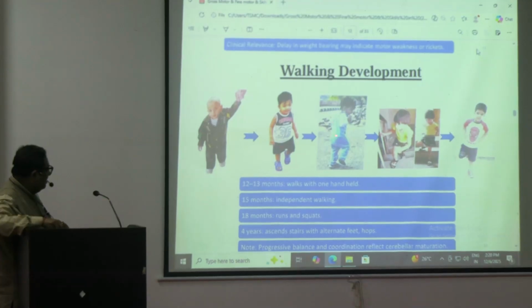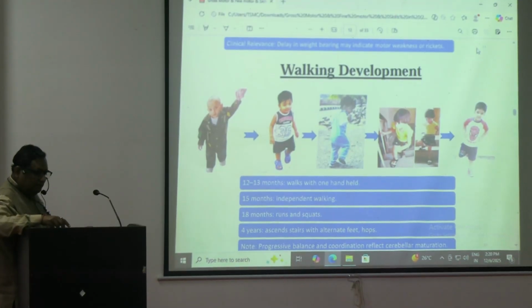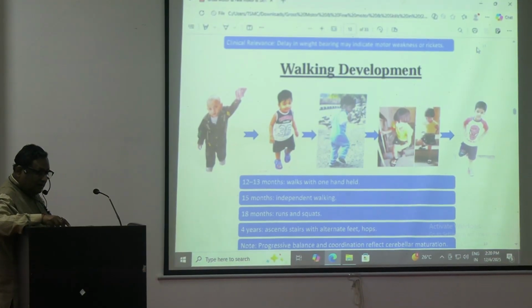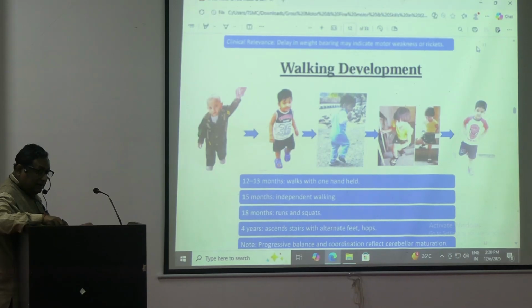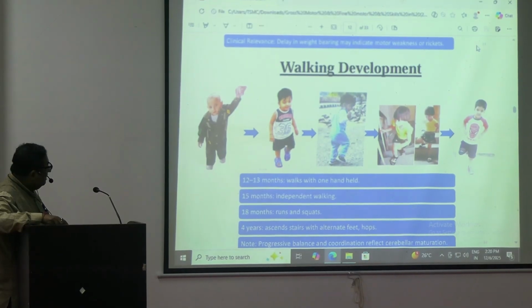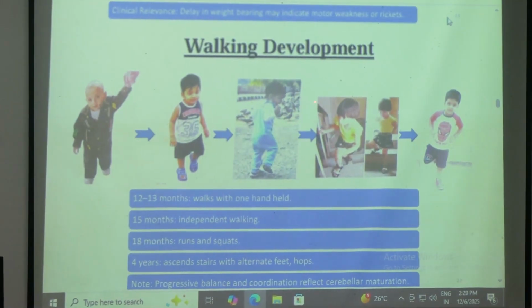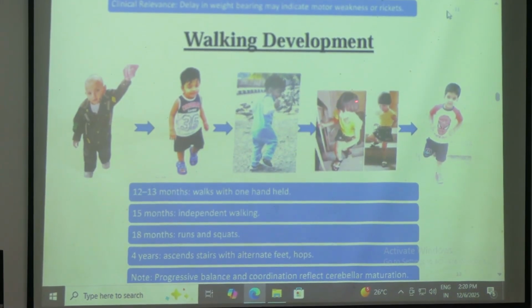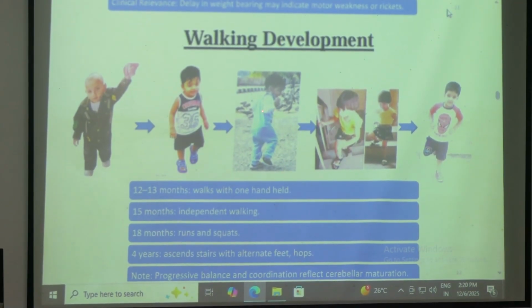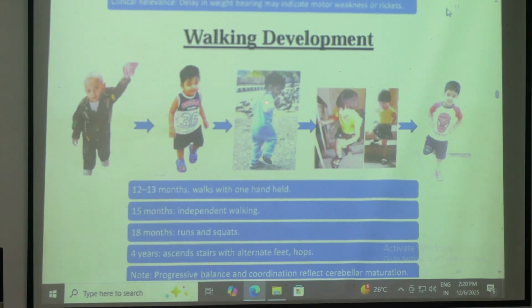At 18 months, he will run, he will squat. Okay? And at that age, he can climb the stair by crawling. He can climb the stair with crawling. 18 months.